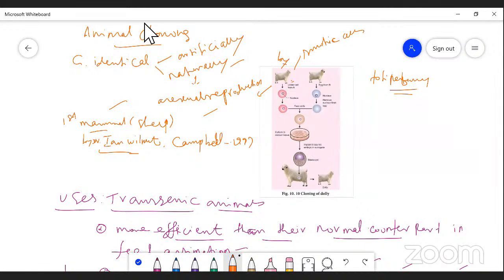At the same time, an ovum or egg cell is taken from another donor sheep. The nucleus is removed from it. When the nucleus is removed, that is called an enucleated egg or enucleated ovum.